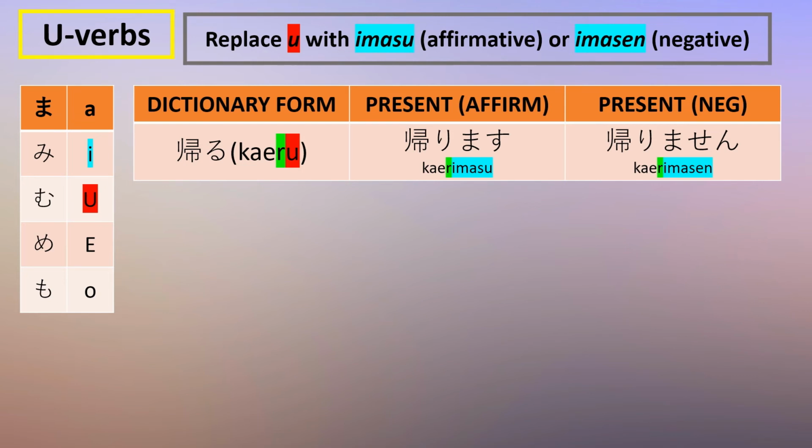We retain r, the base form, and then we change it to imas and imasen. So what happens here is kaerimas, kaerimasen. The consonant R is retained. So kaerimas, I return. Kaerimasen, I don't return.